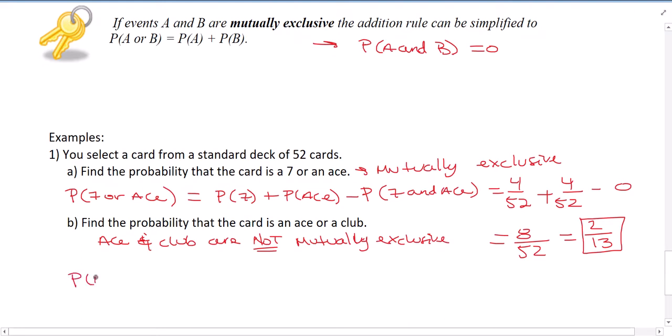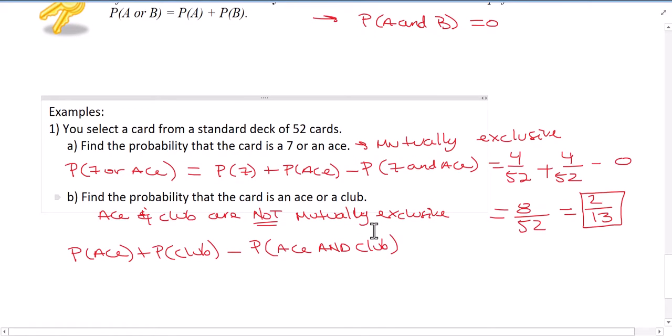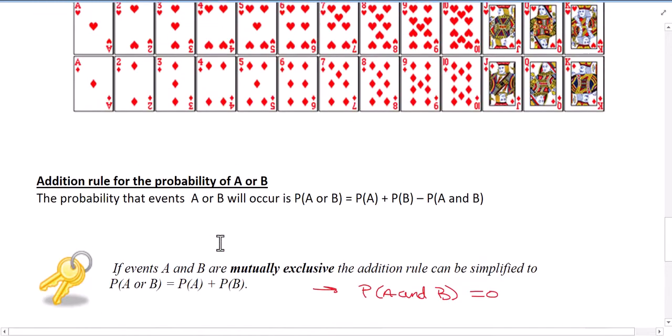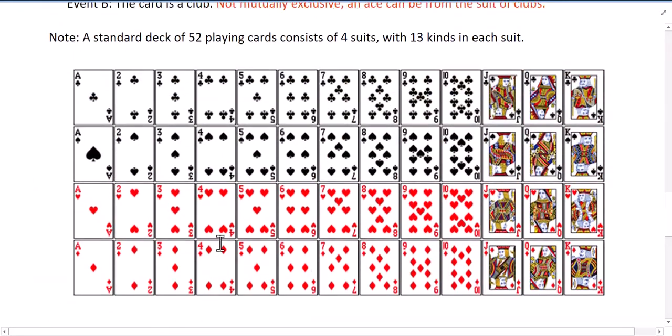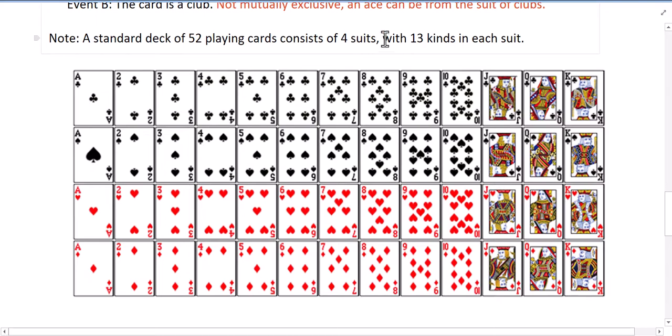So then we're going to have the probability of ace plus the probability of club minus the probability that you get an ace and club. What's the probability of getting an ace? There are 4 aces in the deck of 52 cards. What's the probability of getting a club? How many cards are clubs? A club is a type of suit, and there are 13 cards in each suit.